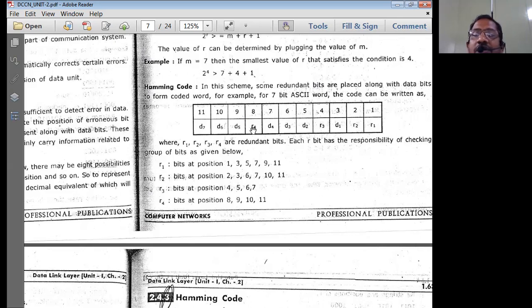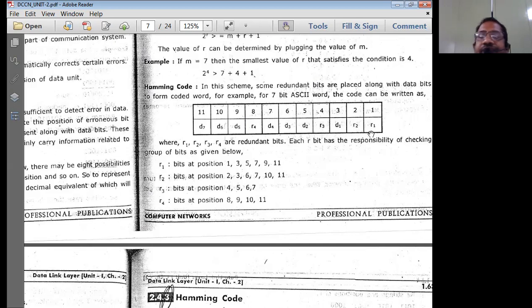That means the code is going to be 1248 code. Remember this: you should arrange the redundant bits in the form of 1248 code fashion. 1248 means bit positions.